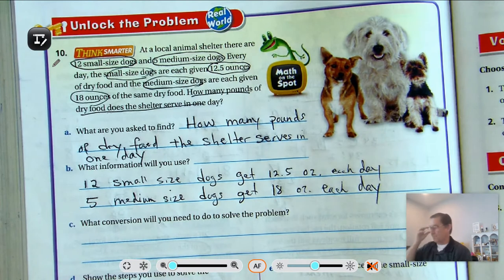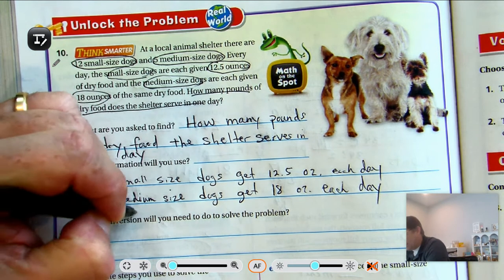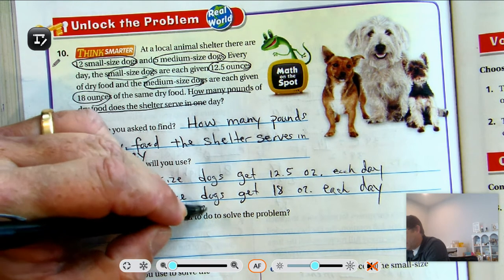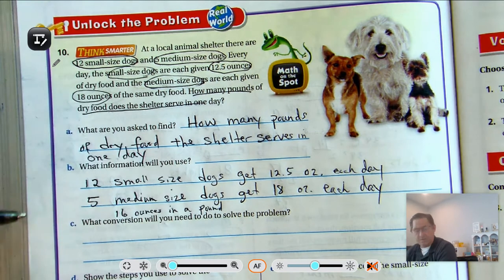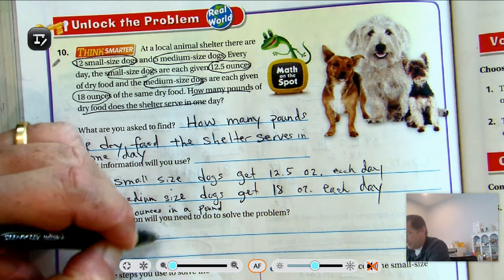And I also need to know that there's 16 ounces in a pound. What conversion do we need to know? We're going to change from ounces to pounds.